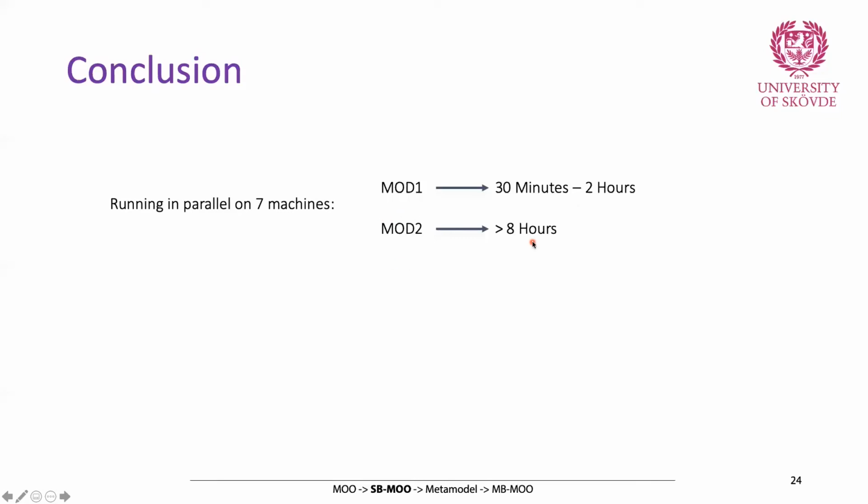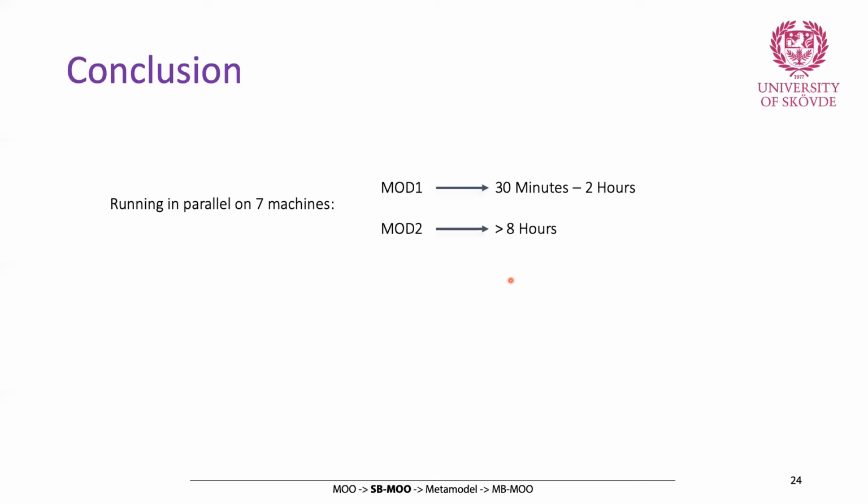Imagine a population of 40: you have to run 40 simulations for mode 1 and 40 simulations for mode 2. And that's for one generation of optimization. Then you have to run another 40 simulations for generation 2, and you have to keep running these simulations until your optimization algorithm converges.